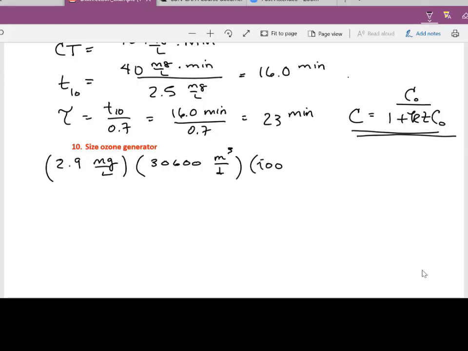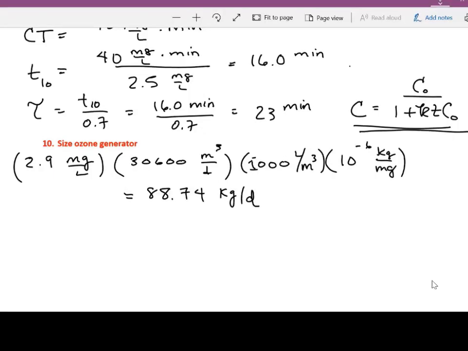There are 1,000 liters per meter cubed and 10 to the minus 6 kilograms per milligram. And that is equal to 88.74 kilograms per day. So this information allows us to size the ozone generator.